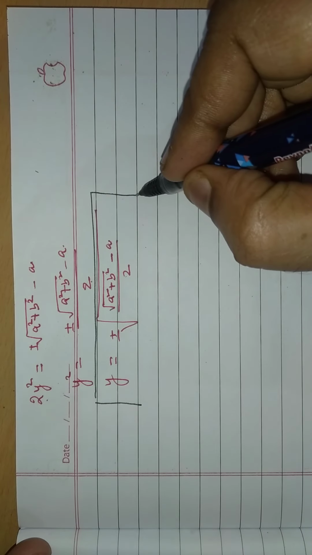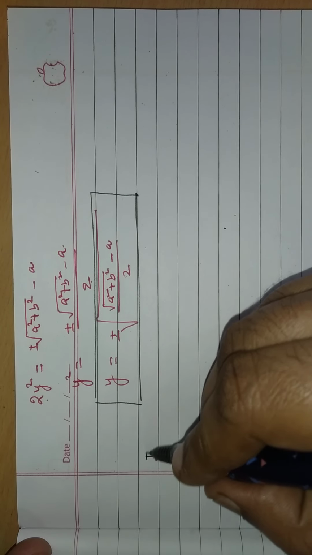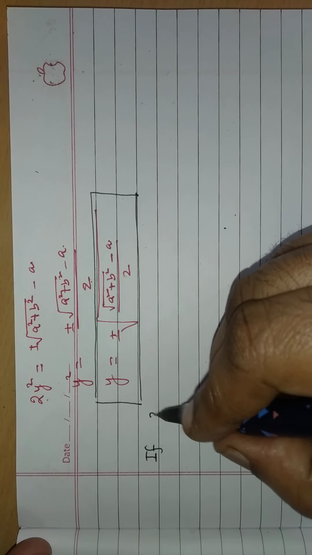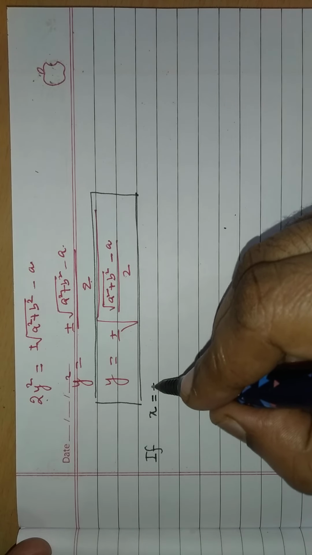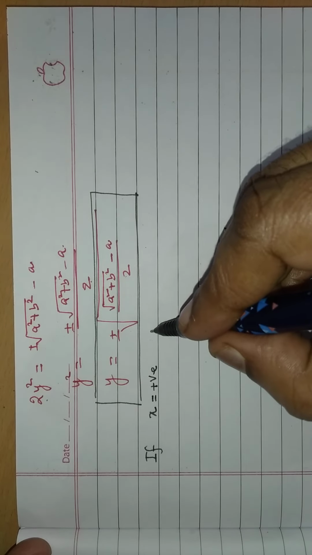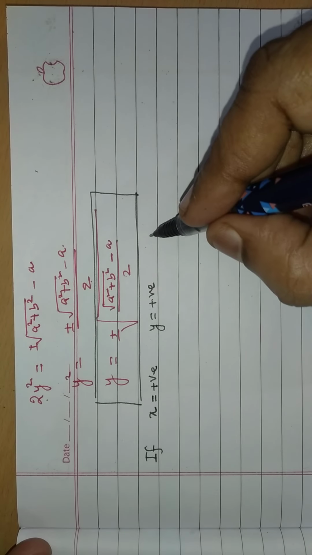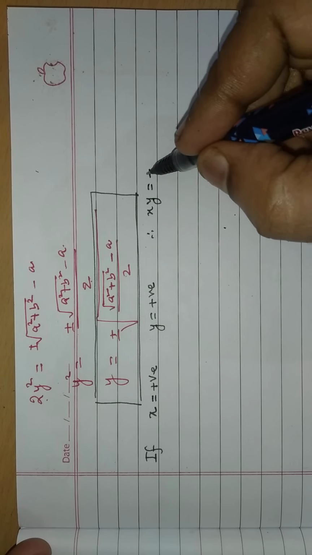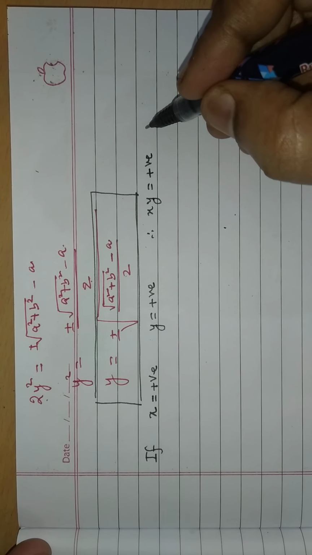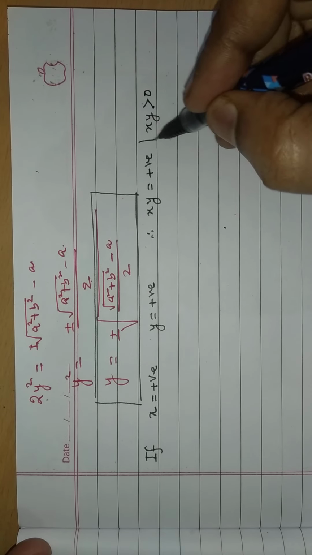So if x is positive and y is also positive, then x into y is a positive number. It means that xy is greater than 0.